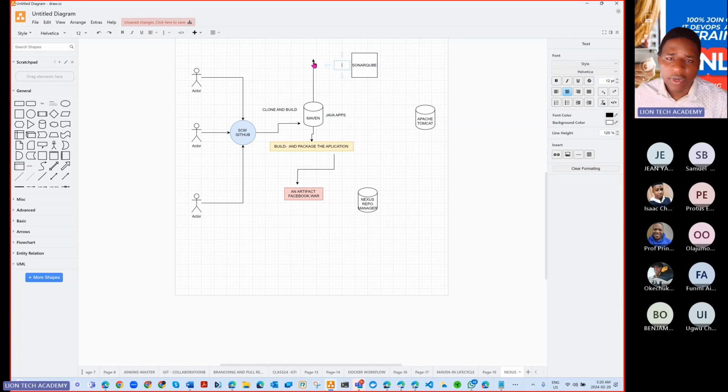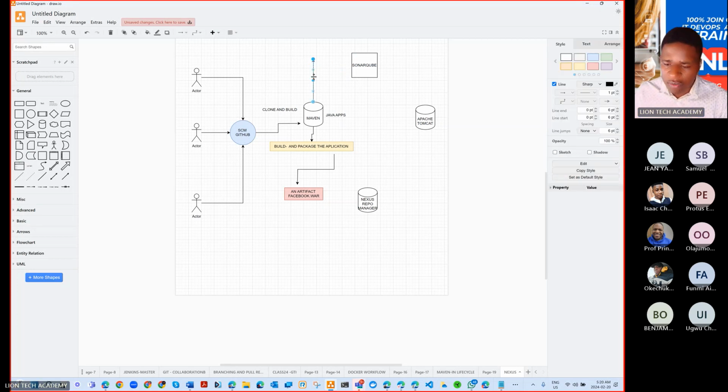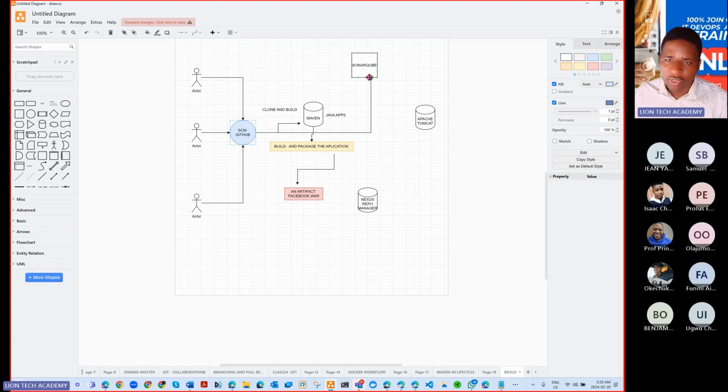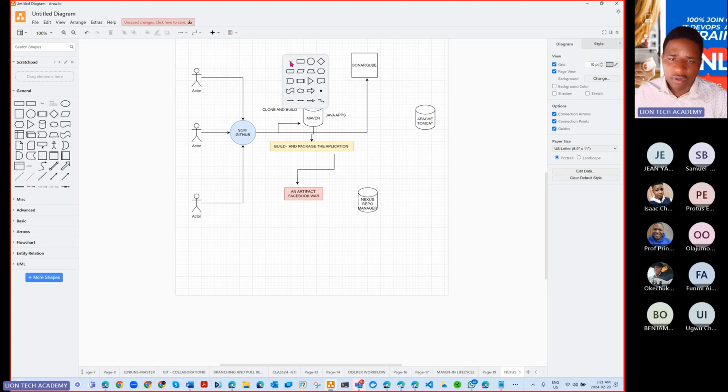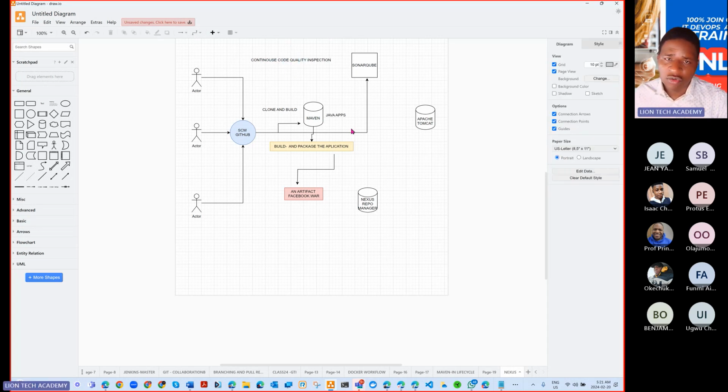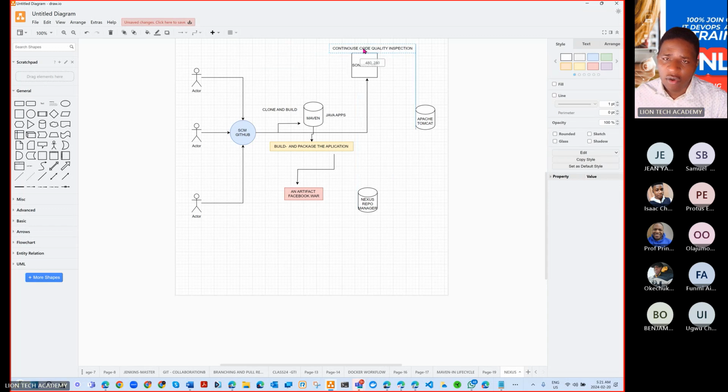So now, after this, we can move our source code into SonarQube for continuous code quality inspection. This is what SonarQube is doing. It is looking for quality.